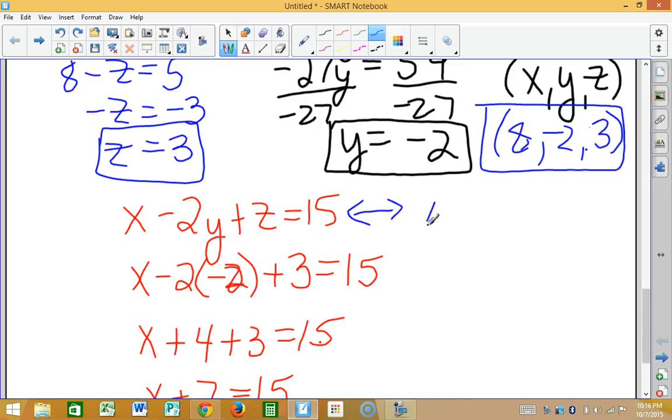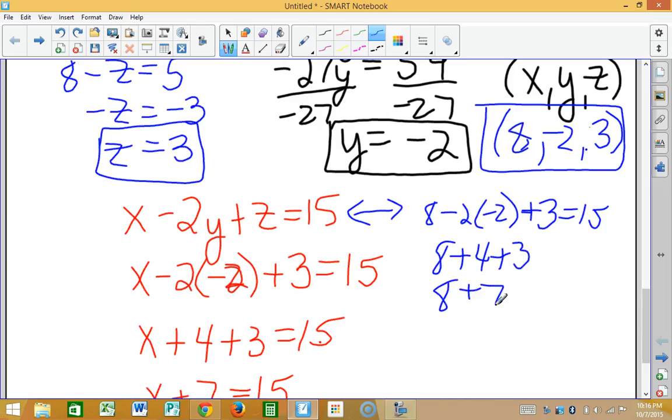If I put 8 in for x, and I put 2 times negative 2 in, plus 3, I should get 15. So let's see if this checks out. So we get 8 plus 4 plus 3, and 8 plus 7 is 15. So 15 equals 15. It checks out, right? So this works. That's the solution that makes that a true statement.